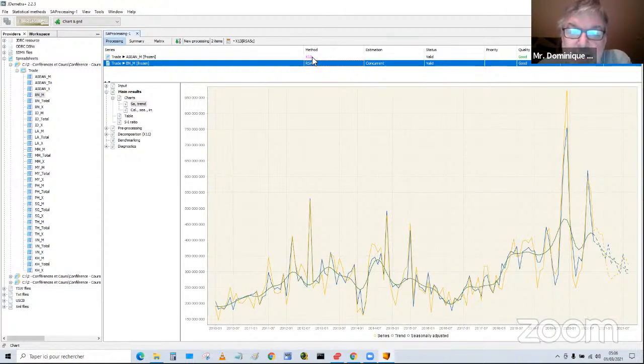So when I see X13, it means that this is not a default specification. RSA 5C has a very precise meaning. So X13 says that it's not a usual specification. I changed something, and what I changed is that it does not look for transitory changes. Okay?